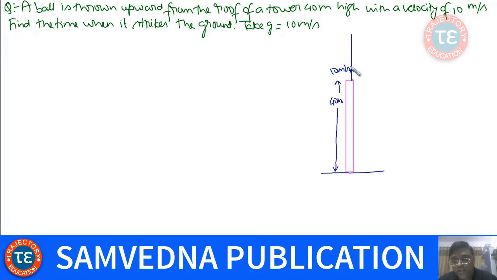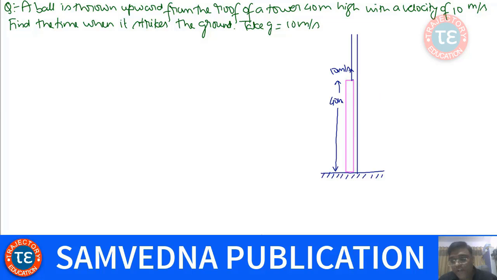Since on this ball there is a gravitational force, weight, acting in downward direction, the velocity of this ball will keep on falling, and a time will come when the velocity will become 0, and thereafter the ball will start moving in downward direction, and eventually it is going to strike the ground.